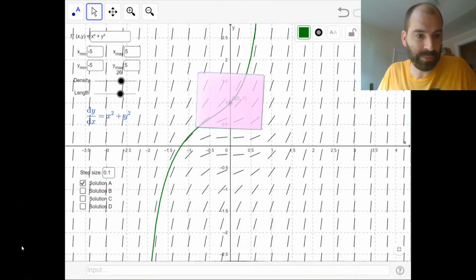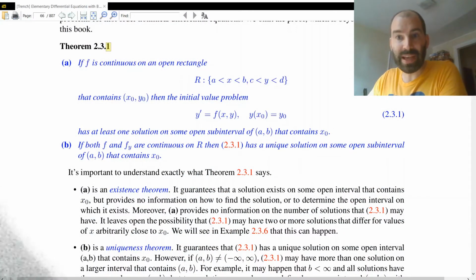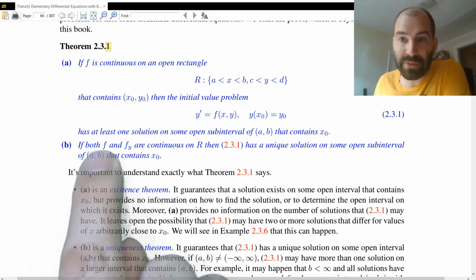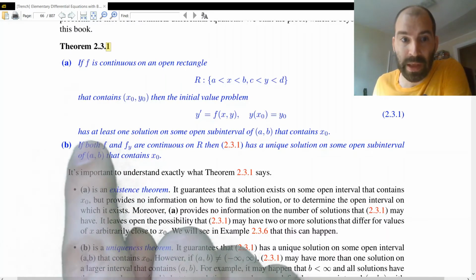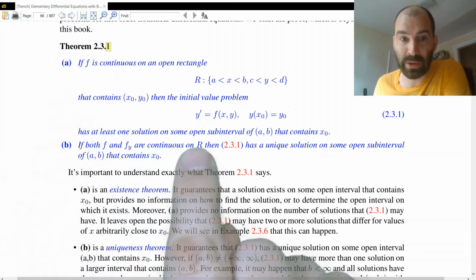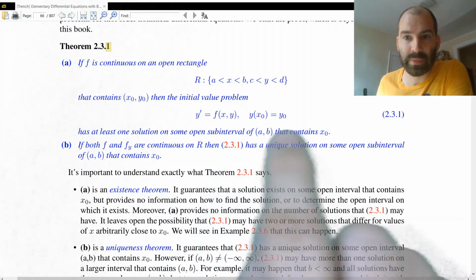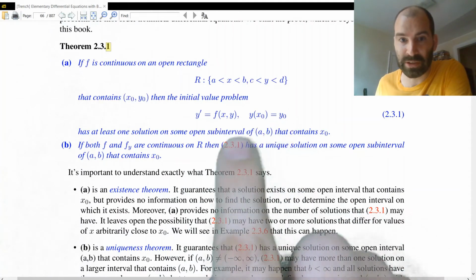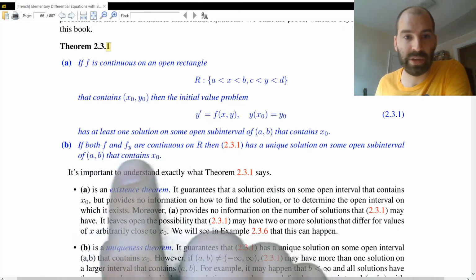Okay, so let's see what else the theorem says. In part B, it says if both f and fy, that means the y derivative of f, where we differentiate with respect to the y variable, if those are continuous in the rectangle, then 2.3.1, that's this, the differential equation with the initial value condition, has a unique solution on some open subinterval that contains x0.